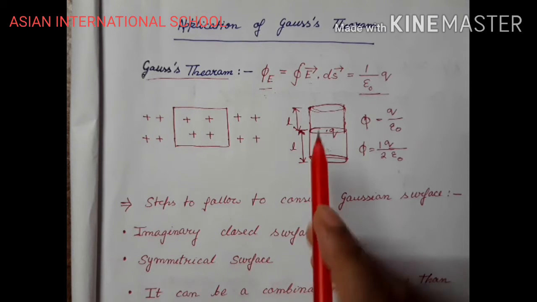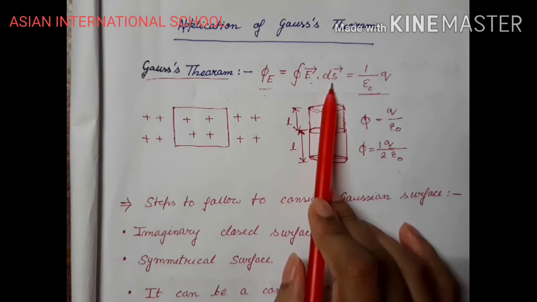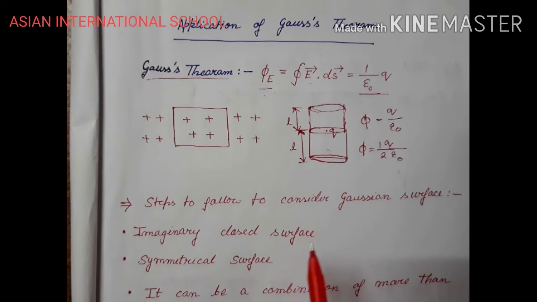If the electric field is uniform, the integration of ds should be easier for us. So in a wise way, we need to choose this Gaussian surface. It is applicable everywhere, but it is not useful everywhere. This needs to be kept in mind, so while you choose your Gaussian surface, you have to be careful.